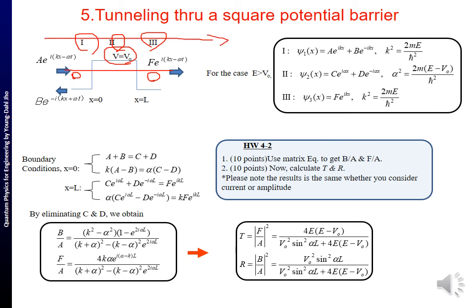Both are important for applications. Firstly, we can start from the unbound state where energy E is larger than V0. And this will be discussed in the next class. Okay, that's it for today.